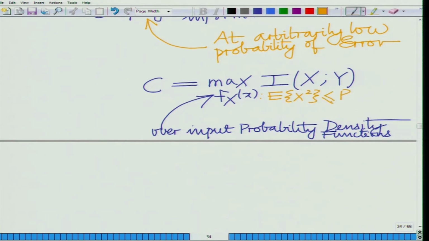So what we are doing here is trying to find the capacity. The capacity is given by the maximization of the mutual information. However, unlike the case of the discrete sources, here we have an additional constraint for the continuous source, that the power of the source has to be limited by this quantity.